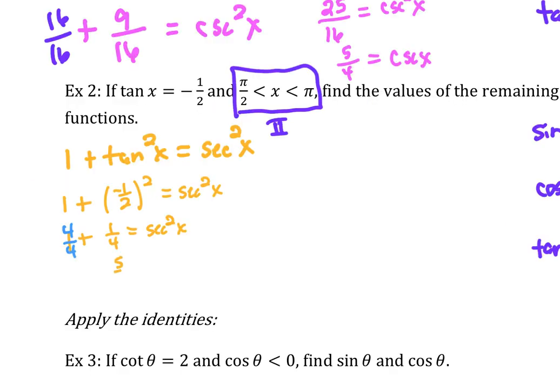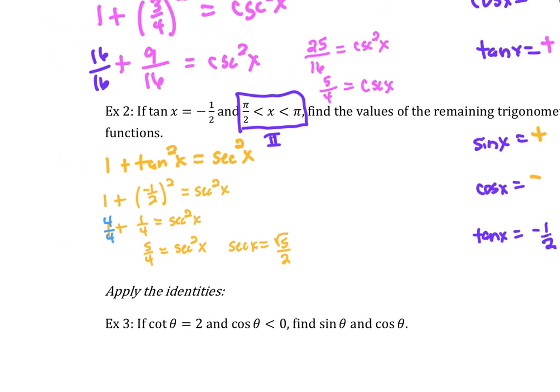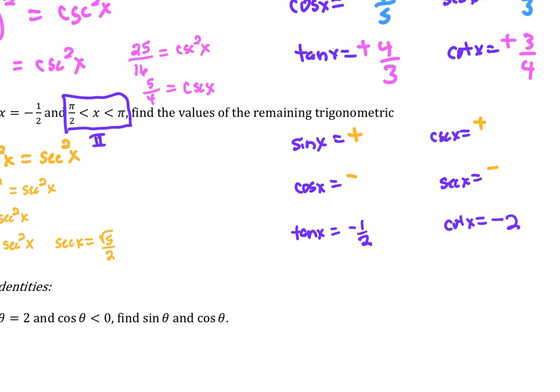Okay, so we get 5 over 4 is equal to secant squared x. So then that tells us that secant of x is equal to the square root of 5 over 2. Now we need to decide on signs, but we've already decided on that over here.